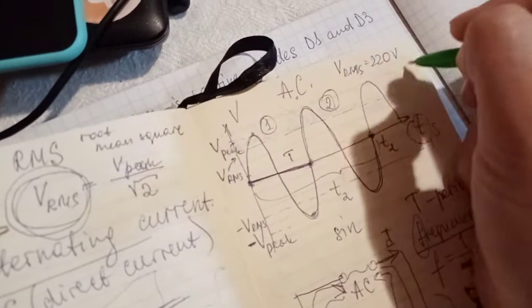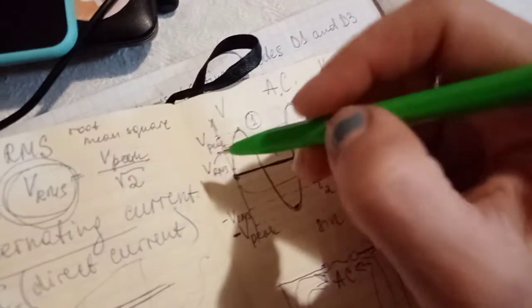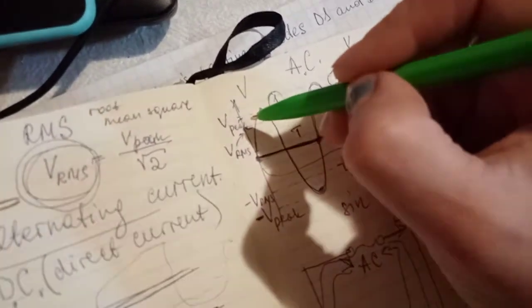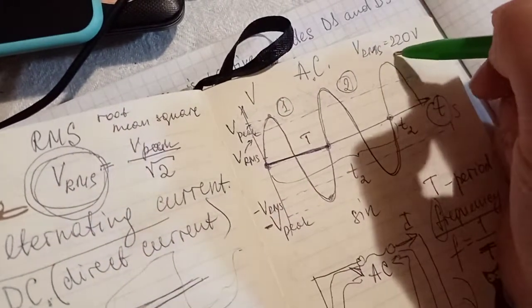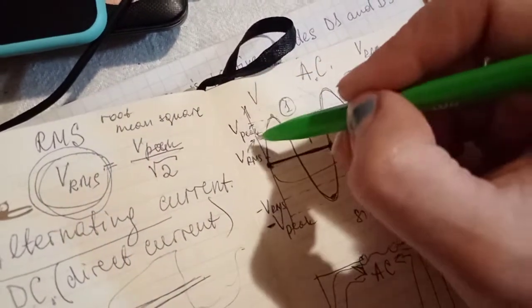This is our home circuit. So it means that we do not have the peak, the maximum value, of 220 volts. It's only RMS.